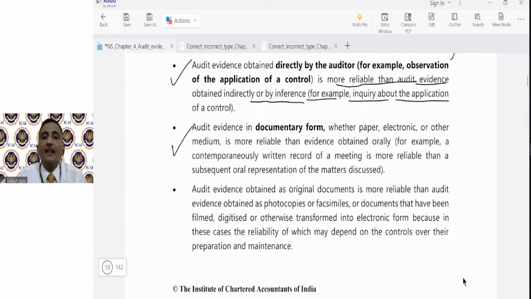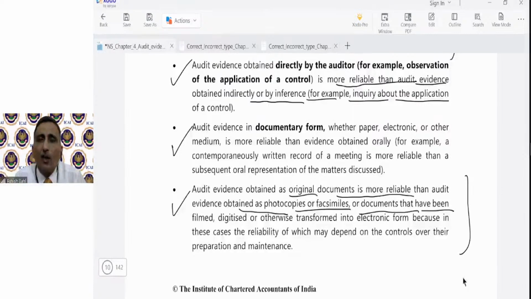So audit evidence obtained as original documents is more reliable than audit evidence obtained from photocopies. This is a common sense point, that a paper which is original has more evidentiary value.